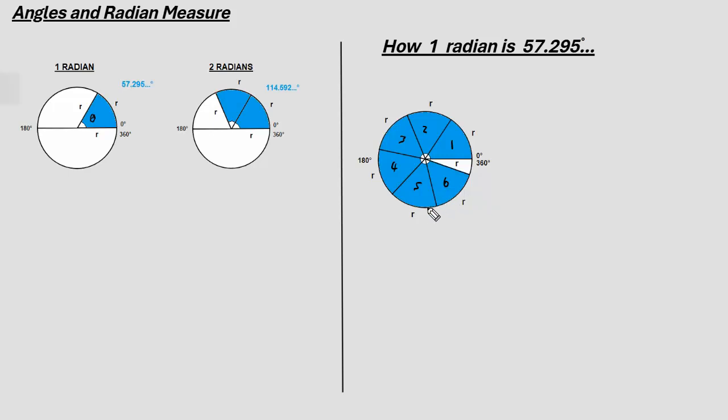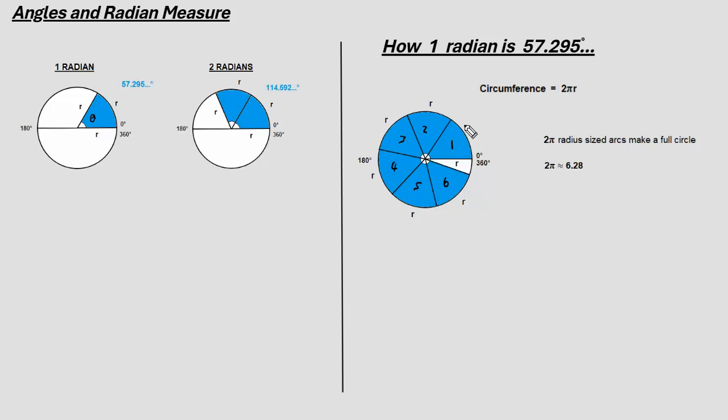Now the circumference of a circle, which is the length all the way around, can be found by doing 2 multiplied by pi multiplied by the radius. So this tells us that 2 pi radius length arcs make a full circle, and 2 pi is roughly equal to 6.28.